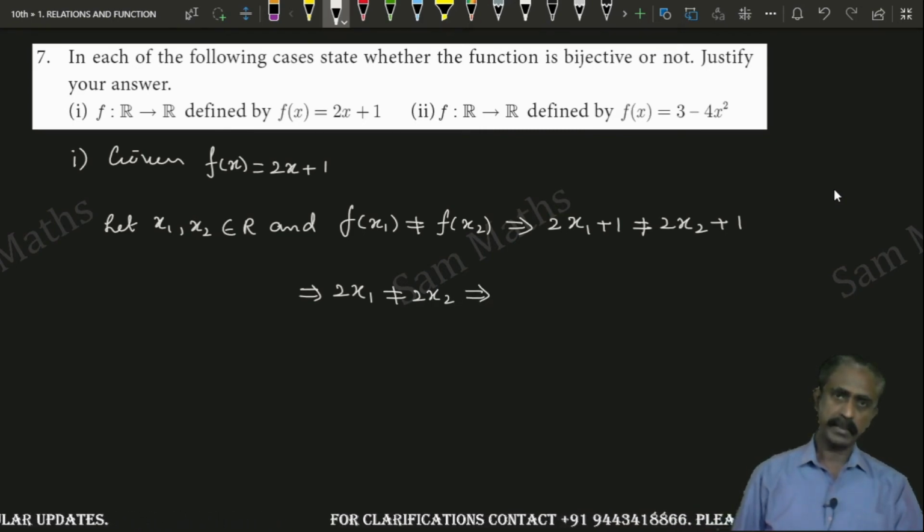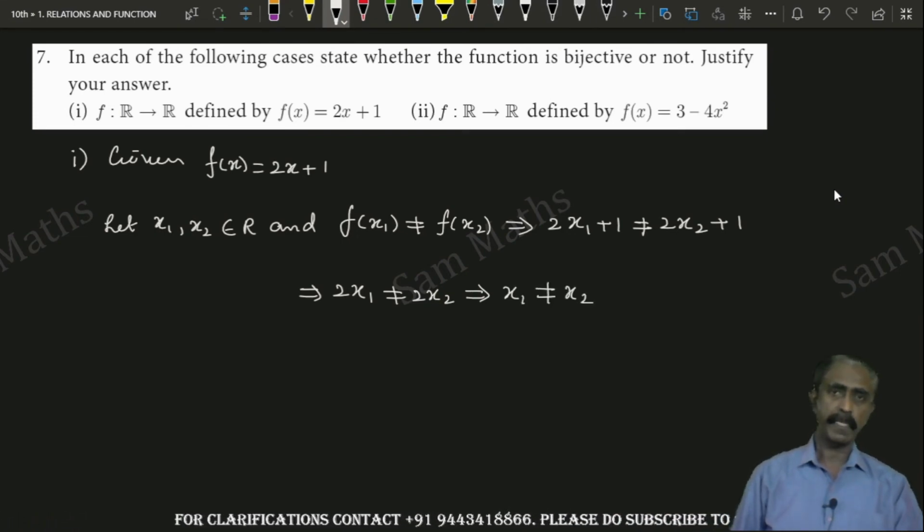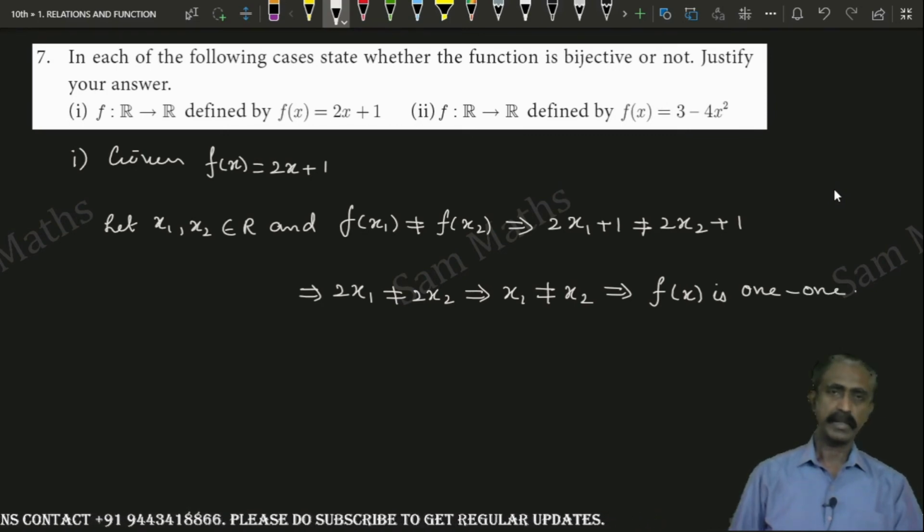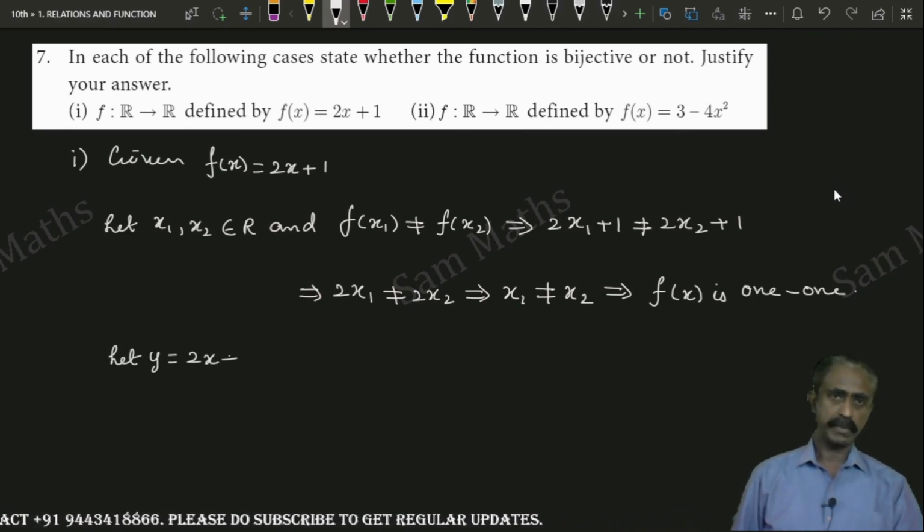Now you divide by 2, we are getting x1 is not equal to x2, which implies f is 1-1. Clear, children?